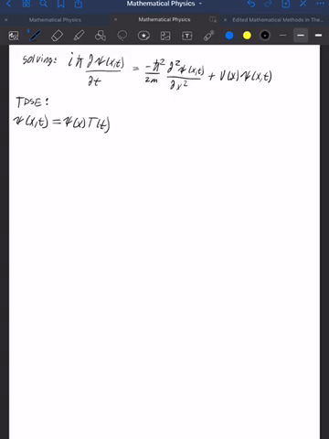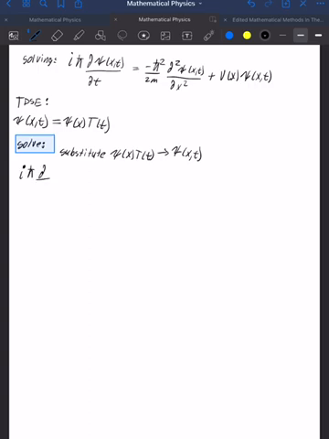And so the first step in solving this partial differential equation is to substitute psi of x times T of t for psi of x, t in the above equation. So that's going to result in this.